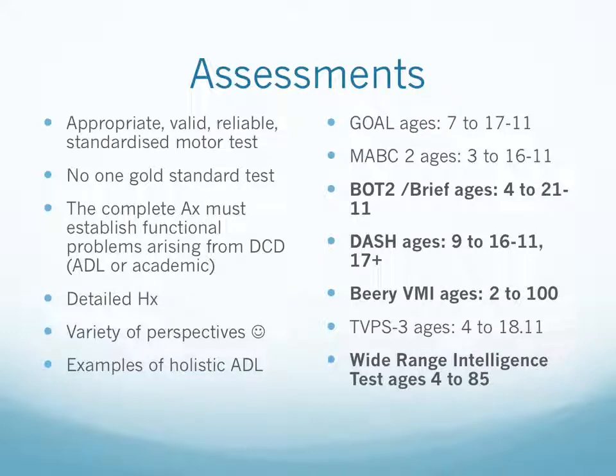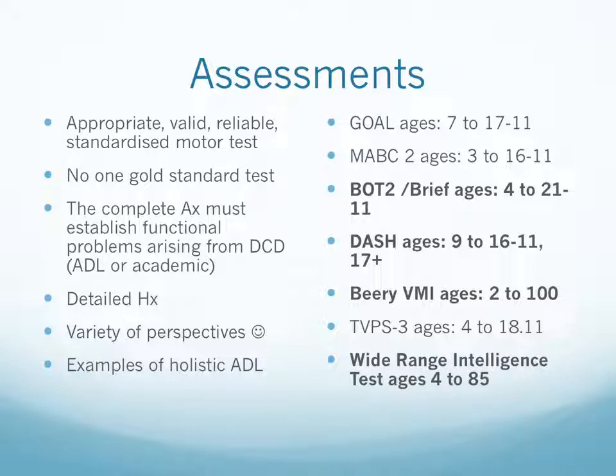Lastly, I use the Wide Range Intelligence Test with quite a lot of my clients, really to show their skills in terms of verbal fluency and reasoning. It's in two domains. You've got the verbal reasoning and visual reasoning.